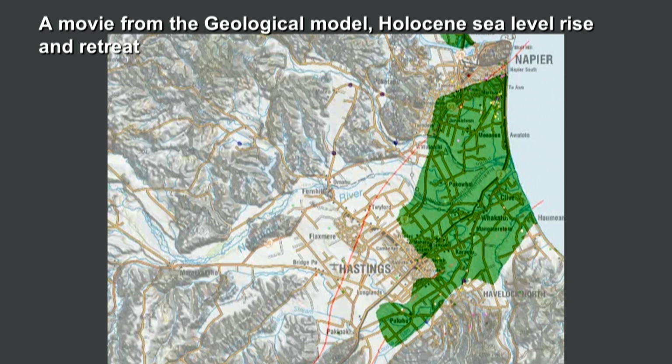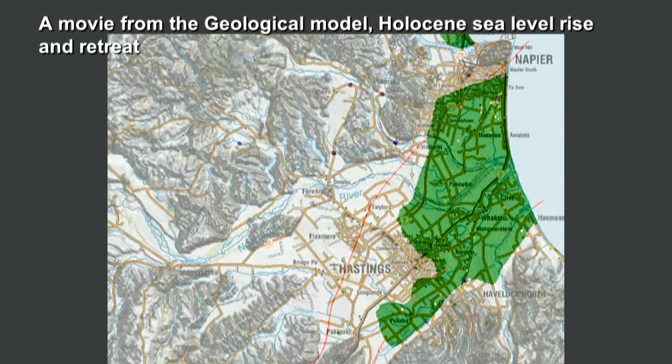So what I'm going to do now is take you through the deposits that we've modelled for materials subsequent to about 15,000 years ago. I want you to think back to the sea level curve and remember that sea level's rising from this period.